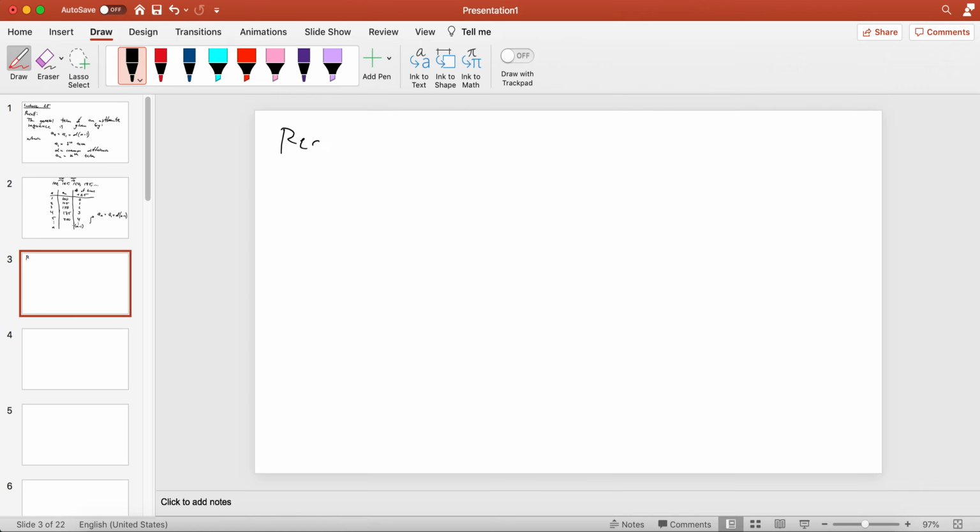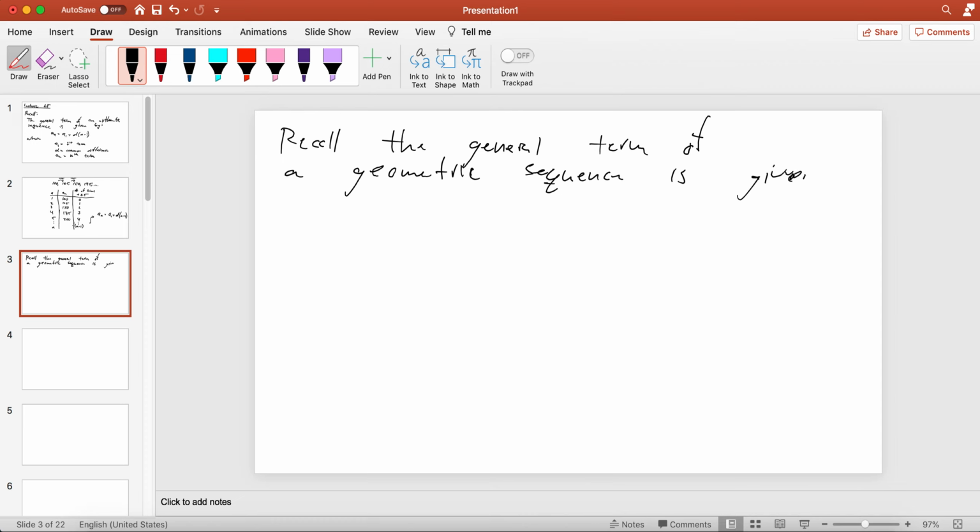Recall, this is just a review, the general term of a geometric sequence is given by a sub n is equal to a sub 1 times r to the n minus 1.